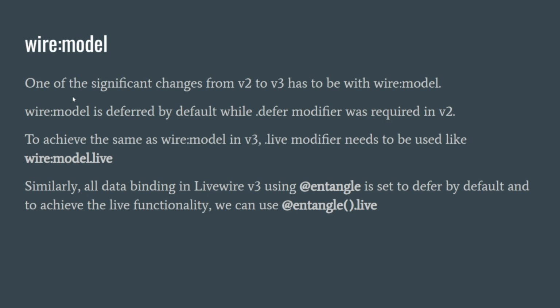The other significant change from version 2 to version 3 is wire:model. What changed is that wire:model is now deferred by default, while the defer modifier was required in version 2.